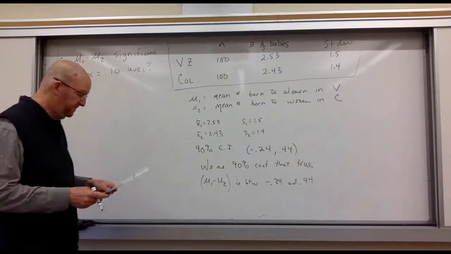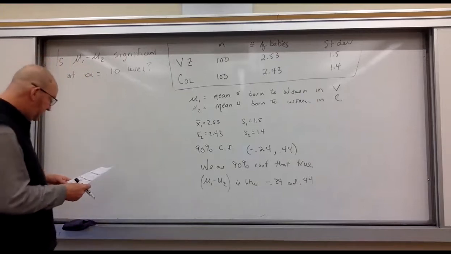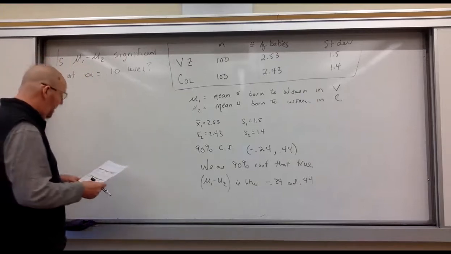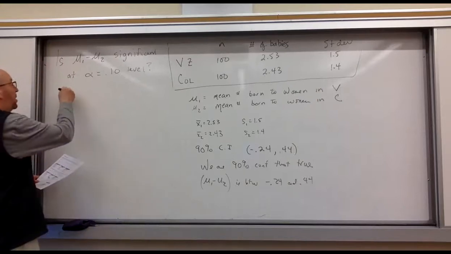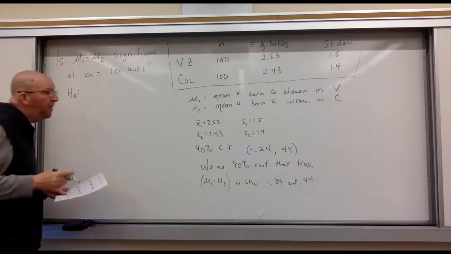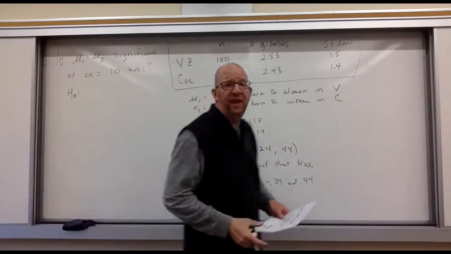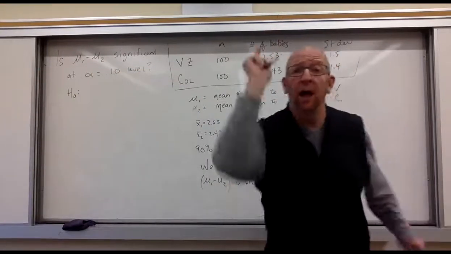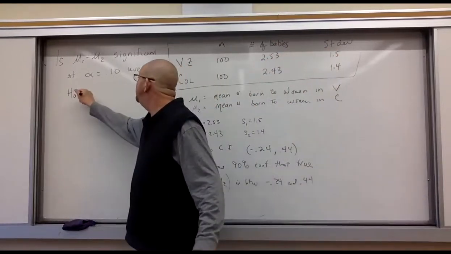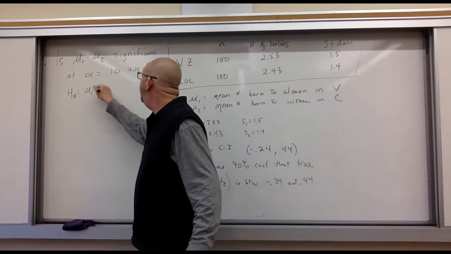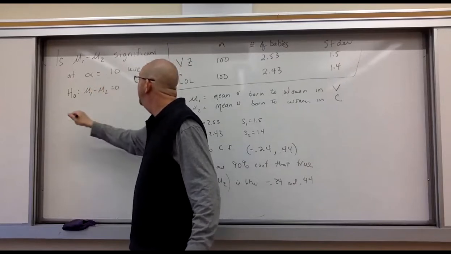Okay, so we've got our null hypothesis, always the same: no difference. In other words, mu1 equals mu2, or mu1 minus mu2 equals 0.